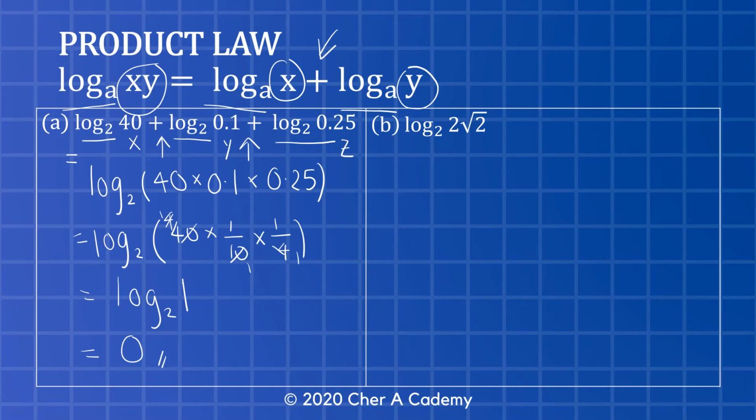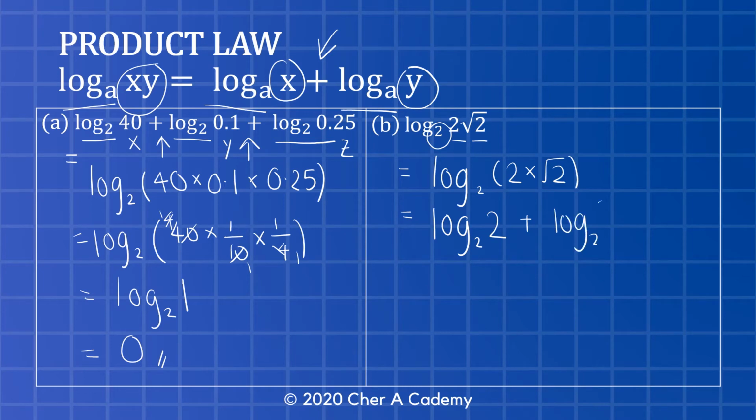So let's look at example B. We have log base 2 to square root 2. What we have to identify is the base here, so that we know how to split this up. Since my base here is 2, I'm going to split it up in this way: 2 times square root 2. Using the product law, I'm going to split them up: log base 2 2 plus log base 2 square root 2.